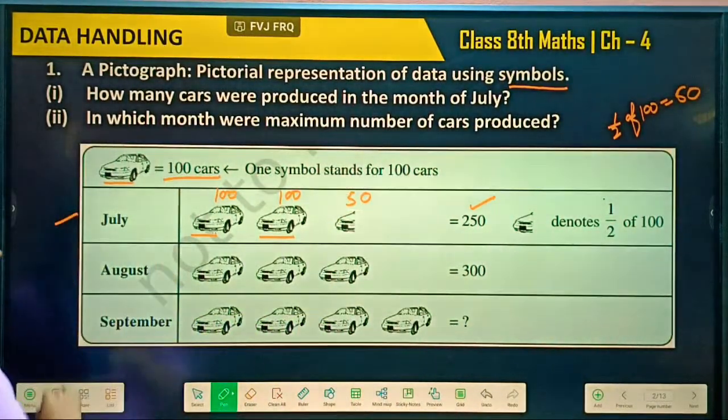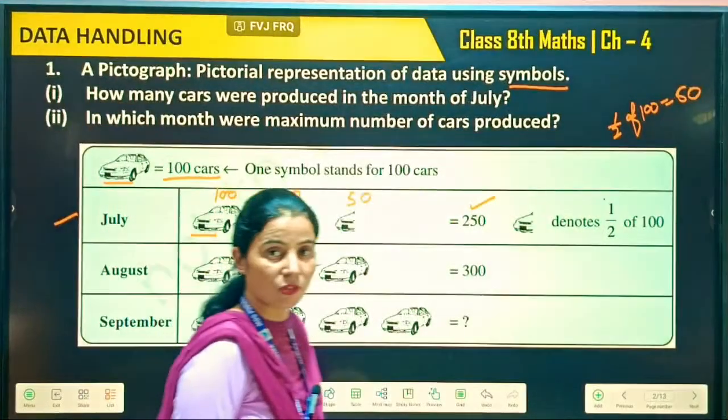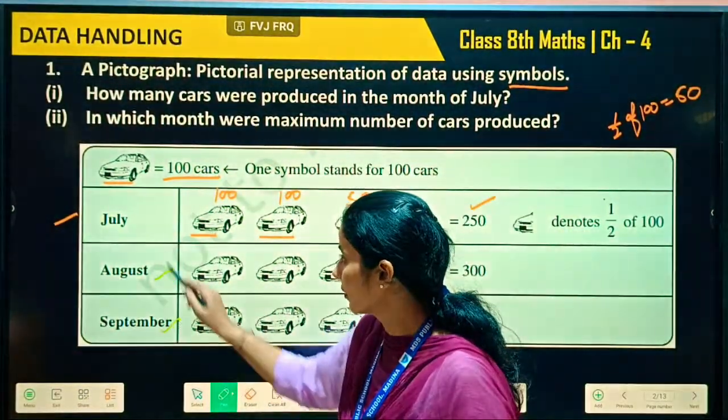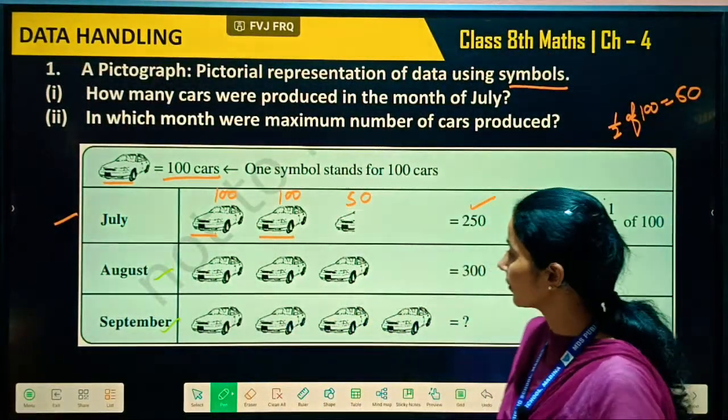In which month were the maximum number of cars produced? We need to find out cars produced in August and September, and July we have already calculated.